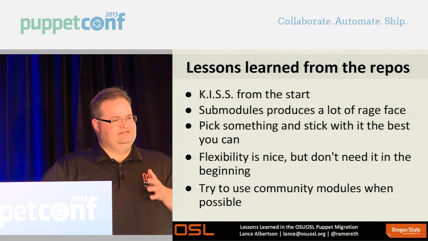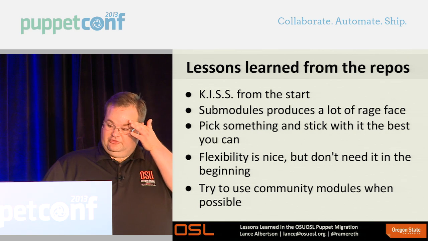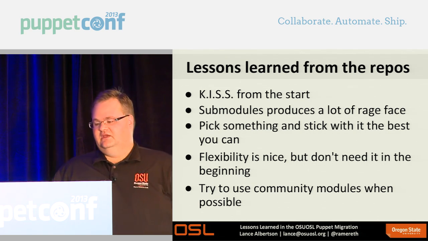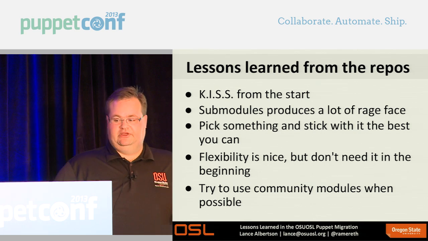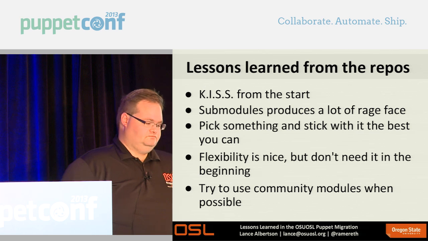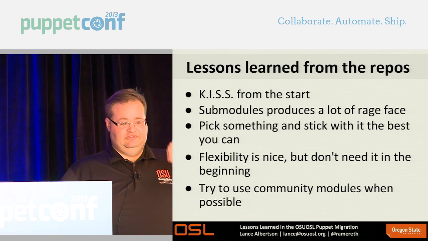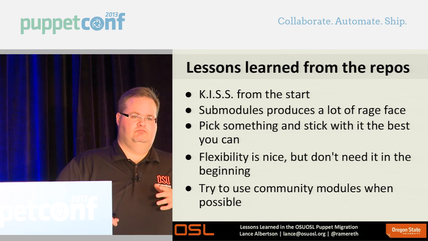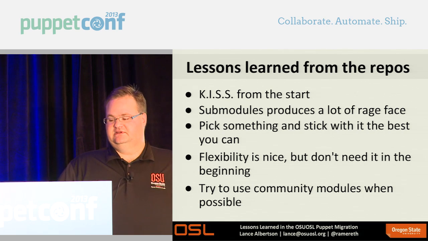It would have been nice to stick to something, but we were trying to do the multi-tenant approach to everything. The flexibility is really great, but you don't need it in the beginning. In the beginning, you just need something that works. And down the road, you can refactor it to make it maybe a little bit more flexible in some capacity.